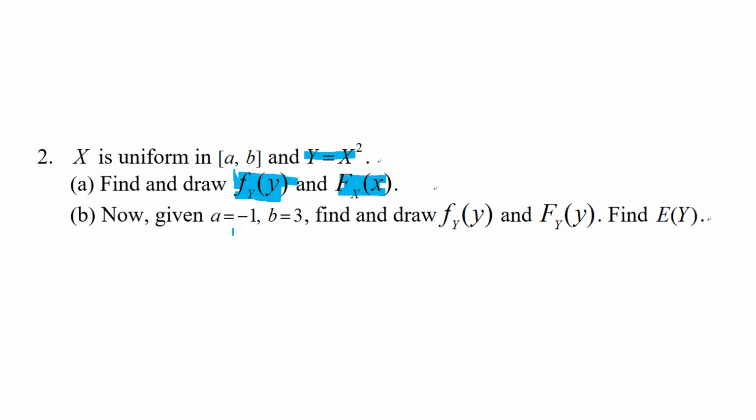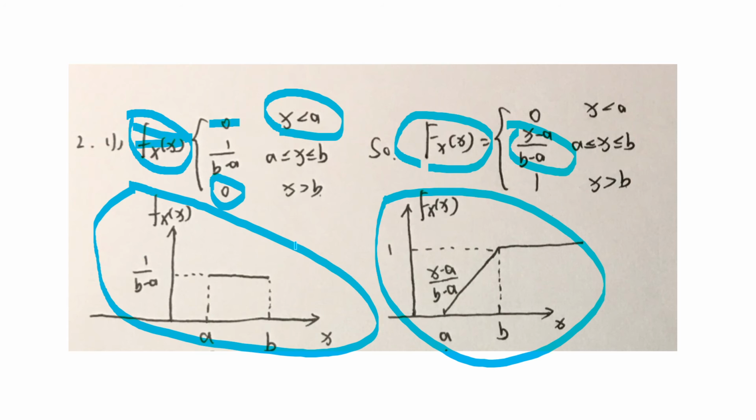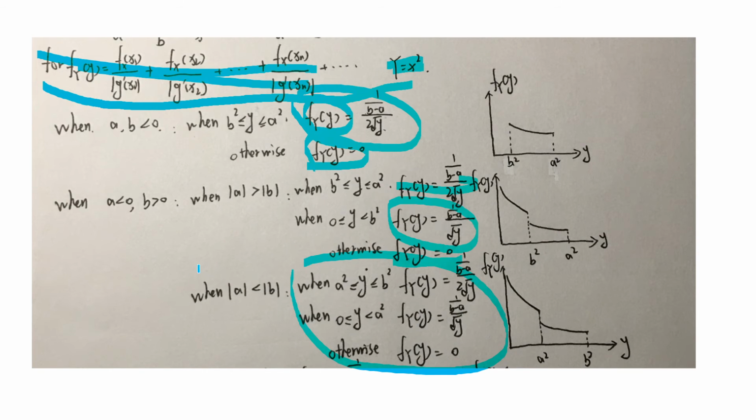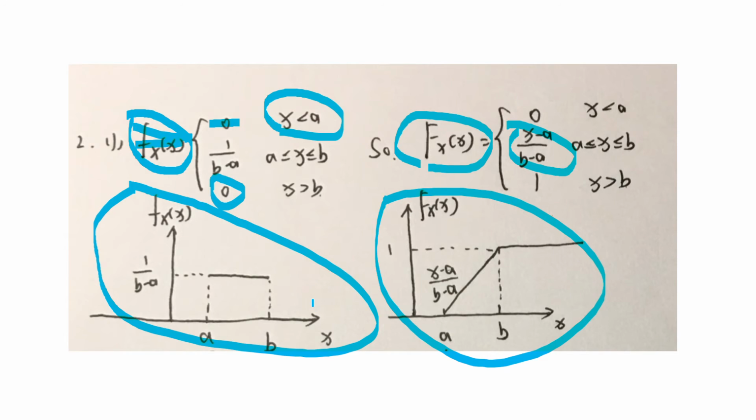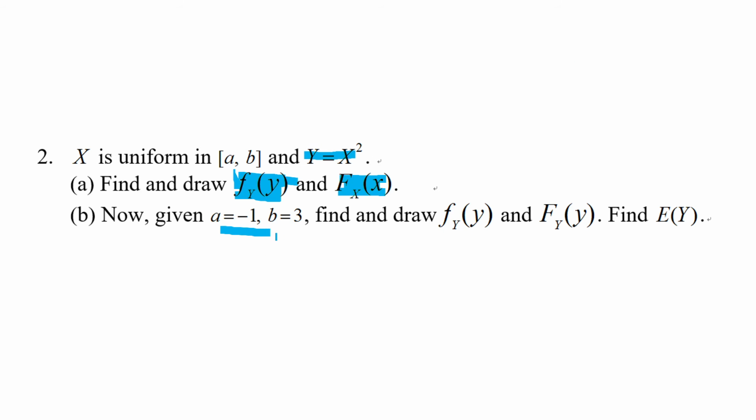We know that a equals -1, which is less than 0, and b equals 3, which is greater than 0, and the absolute value of a equals 1, which is less than the absolute value of b, which is 3. So the condition satisfies the third circumstance here, and we can just let a equal -1 and b equal 3.